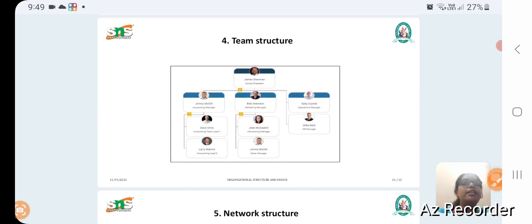Next is team structure. Team structure creates small teams that focus on delivering one product or service. This is suitable for small organizations that serve only one product or one service. This structure may be applicable to those organizations.